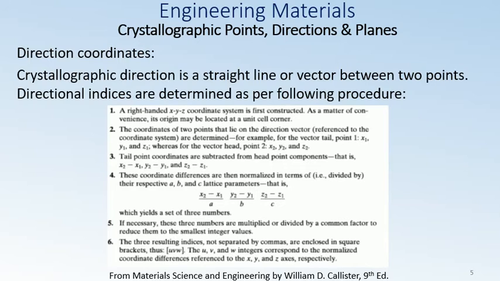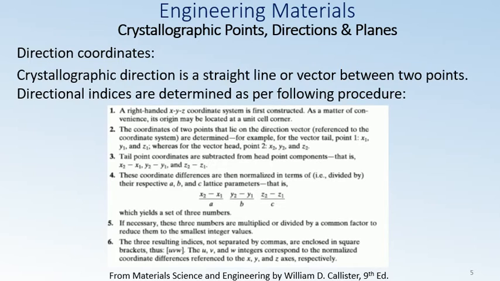Of course, for this you are free to choose right-handed x, y and z coordinate systems whose origin coincides with unit cell corners. The process of locating a point in the unit cell or finding component vectors along the x, y, z directions of the direction vector are alternative ways to determine direction coordinates, in addition to the standard procedure reproduced in slide 5.